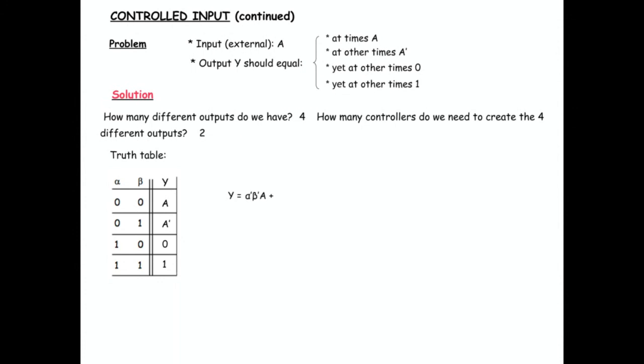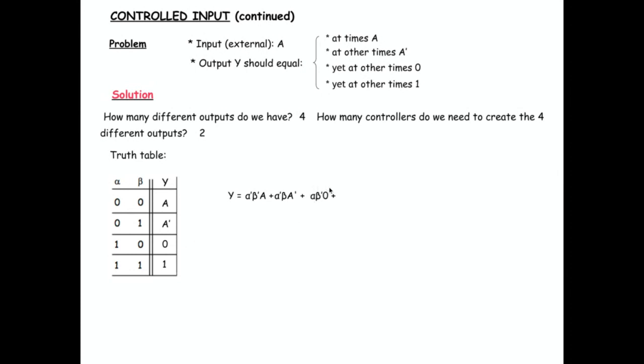Okay, so now we're going to express a function y based on this, right? So y is going to be A in our arrangement if alpha and beta are 0. So not alpha, not beta, and A. Then we're going to have, let's look at the other one, not alpha, beta, and not A. The third possibility is going to be alpha, not beta, and 0.